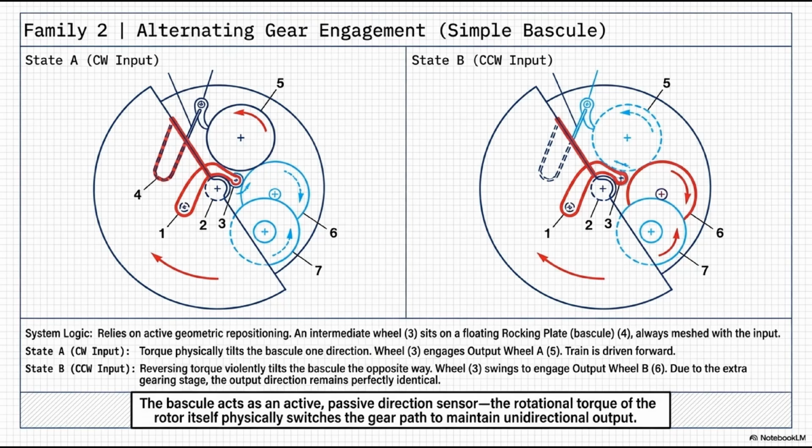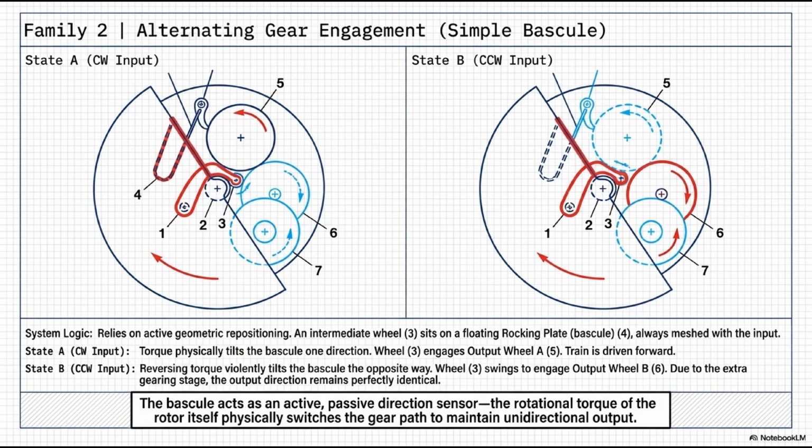Moving to Family 2, we introduce alternating gear engagement, specifically the simple bascule, or rocking plate. This system abandons pulsed levers for smooth, continuous gear meshing. The system logic here relies on active geometric repositioning. Look at the diagrams. An intermediate wheel, 3, sits on a floating, pivoting rocking plate, the bascule, 4.